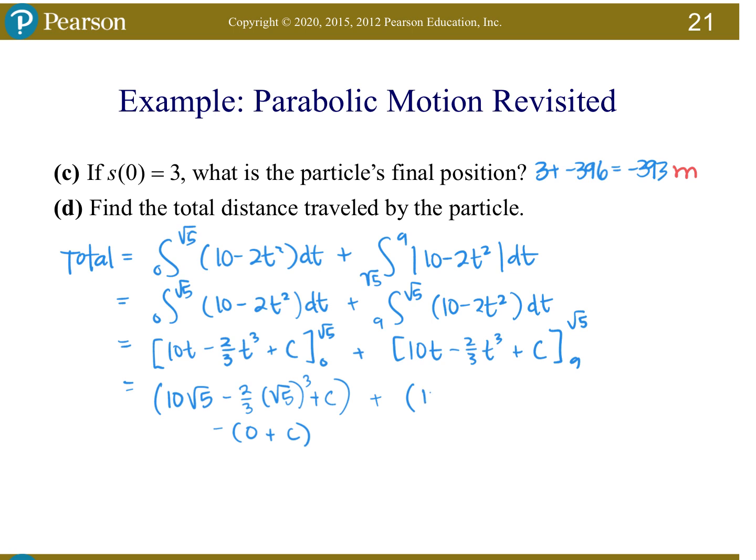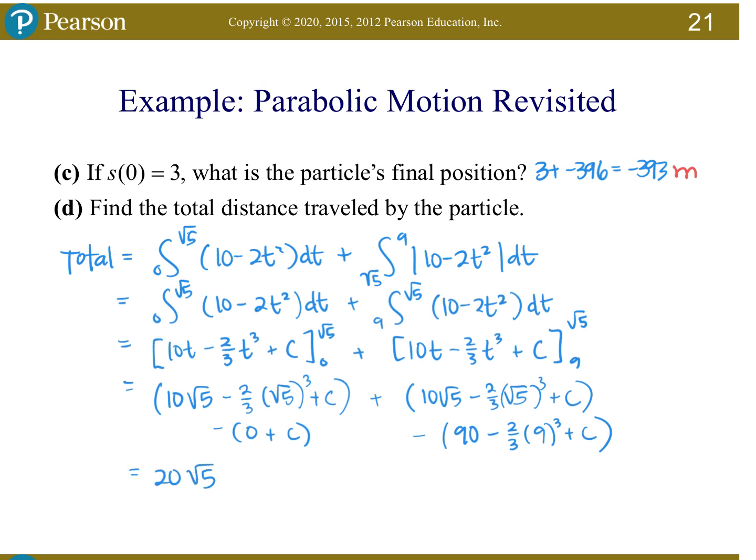And then the same thing, and then minus 90 minus that same 2/3 of 9 cubed plus c that we had before. Then it just becomes arithmetic, which apparently I'm a little rusty on this morning. I would probably group some of the like terms together. I would notice that I've got a 10 rad 5 and another 10 rad 5 that are being added together, so that'll give me a 20 rad 5.